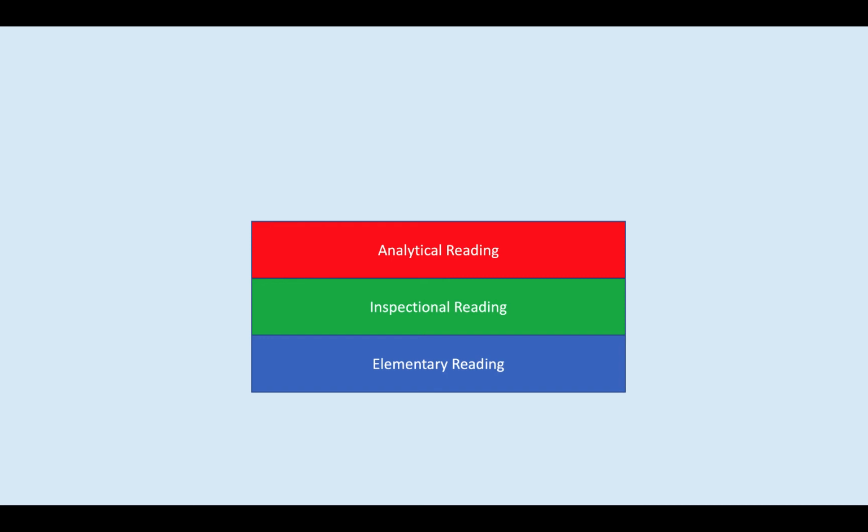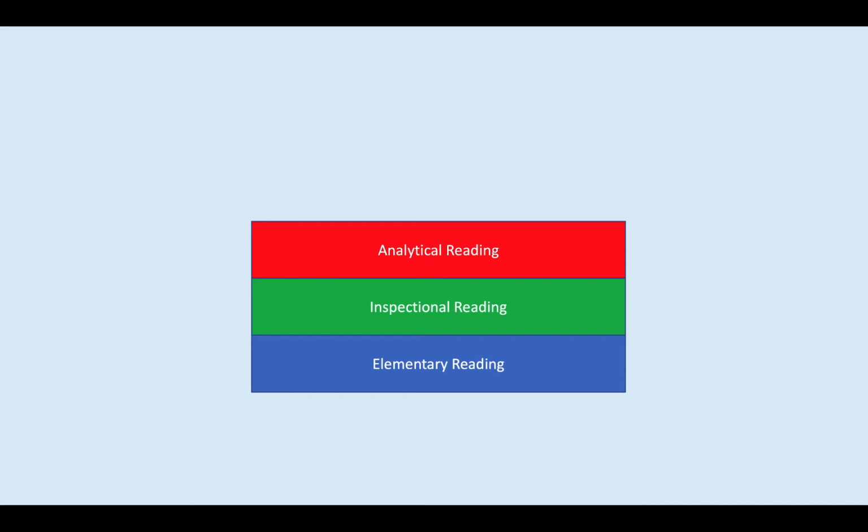What analytical reading does, as you can tell from the name, is an analysis of the book as you read. It is reading about it, reflecting, making sure you understand what the author is trying to talk about and what he's trying to do as you read.